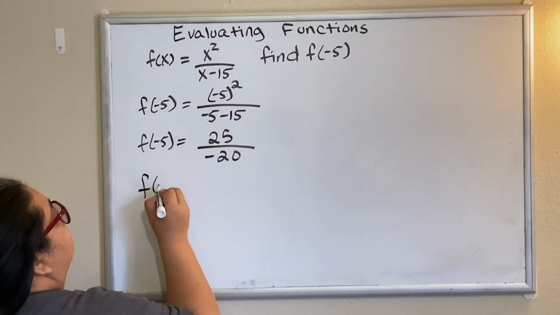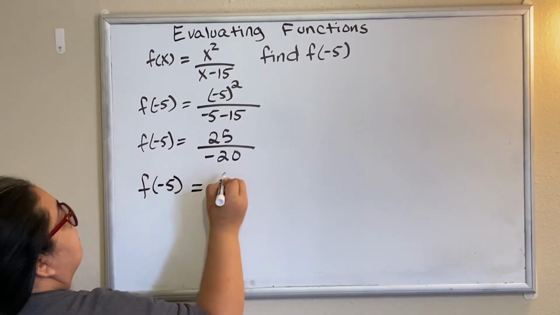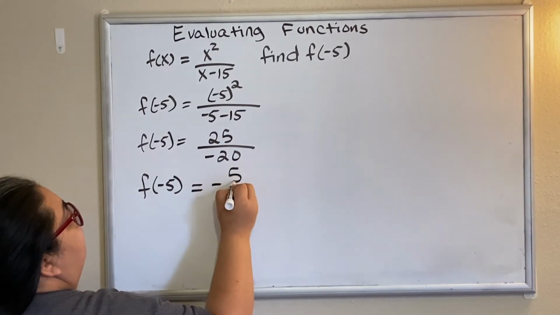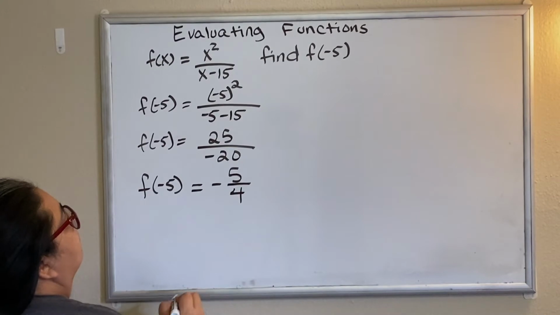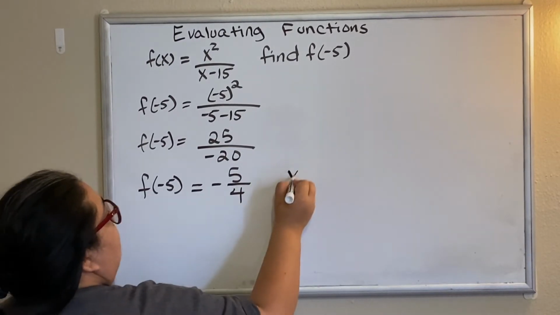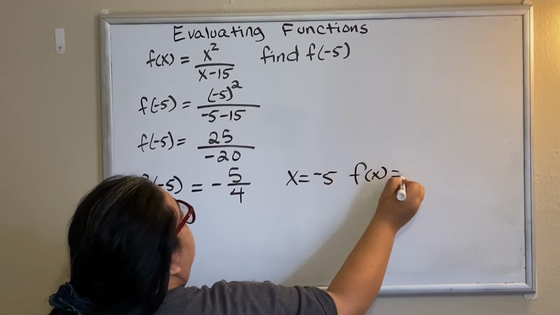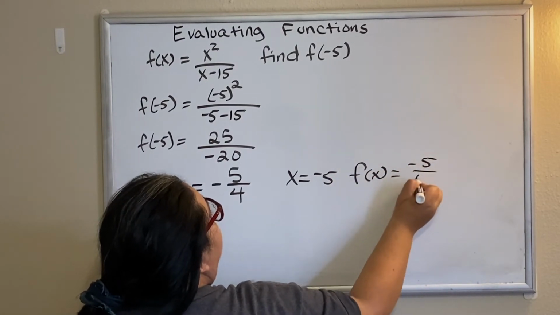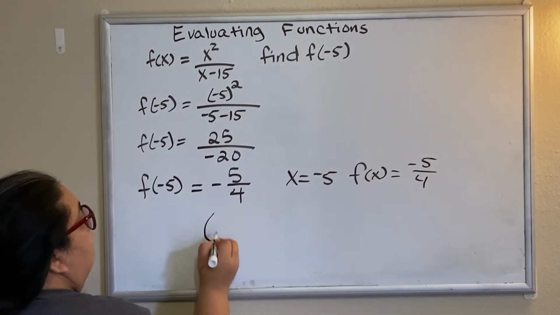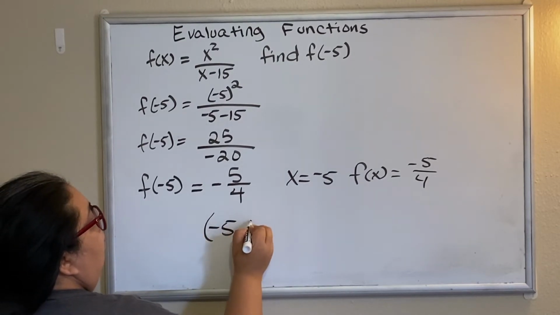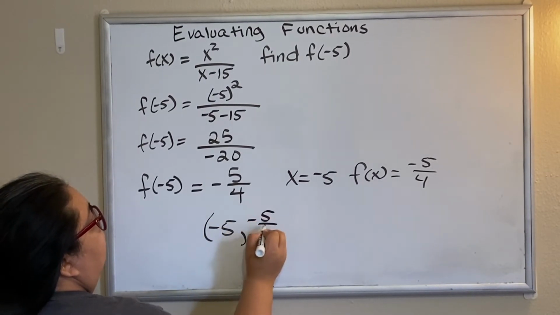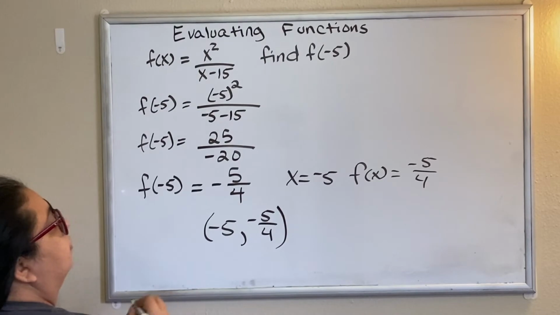So f of negative 5 reduces to negative 5/4. Okay, so this means that x equals negative 5 and f of x equals negative 5/4. So we can write the point (negative 5, negative 5/4) as our solution.